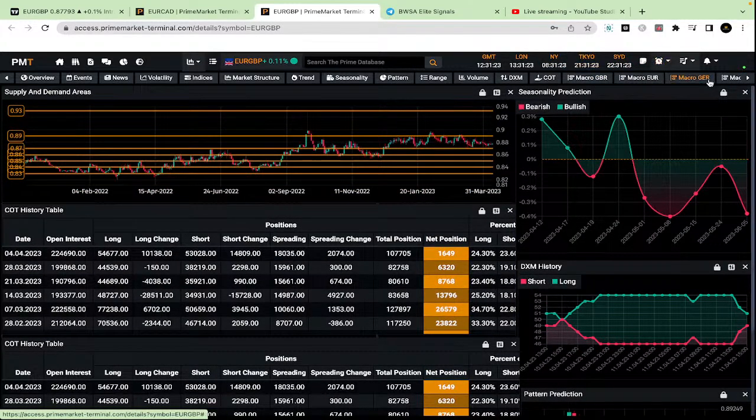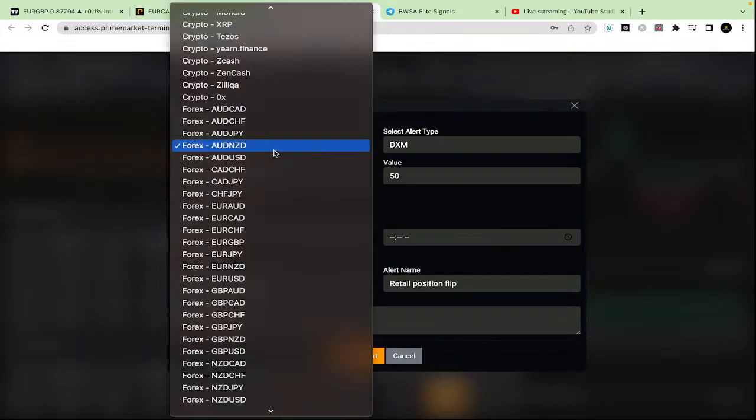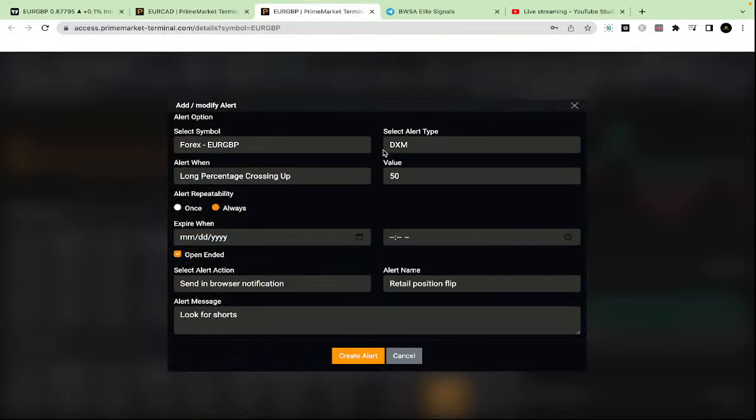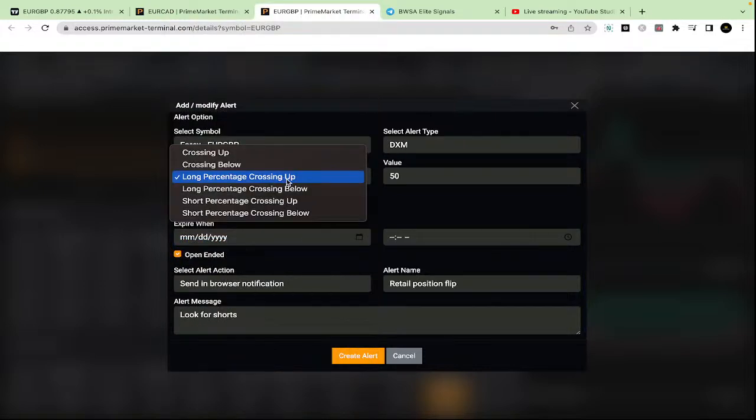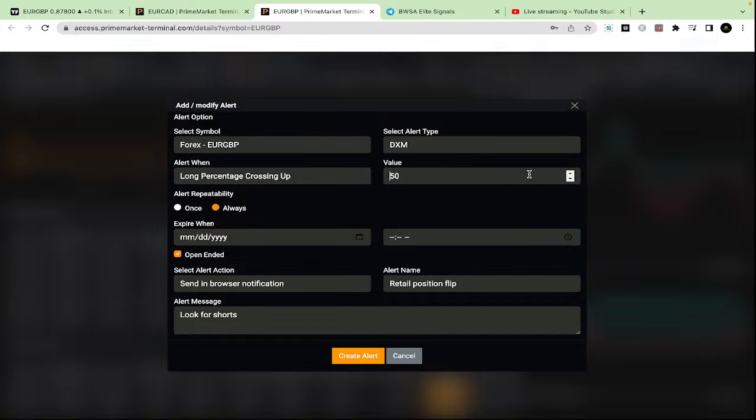So what I'll do here is, I never get these alerts, but it's worth a try. Where are the notifications? Here it goes. Symbol Euro Great British Pound, long percent crossing up 50. Let's go 52%.